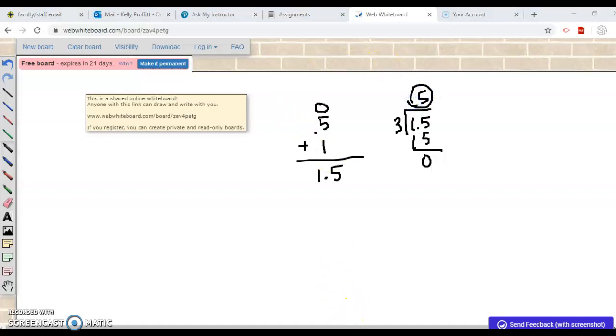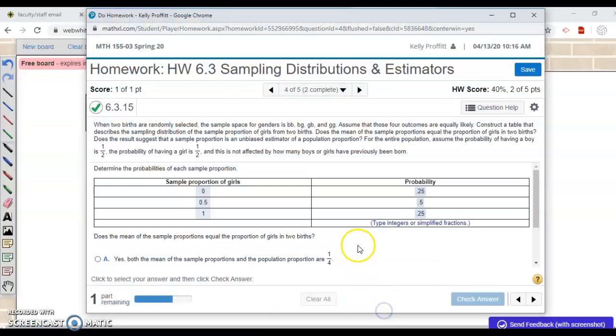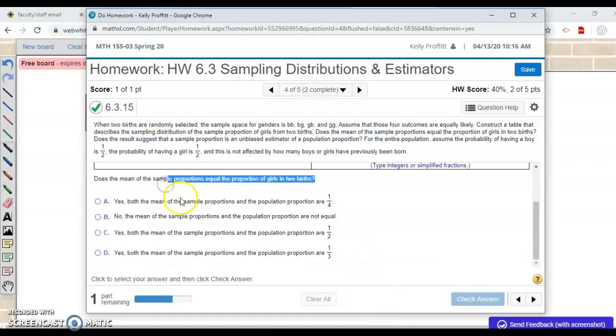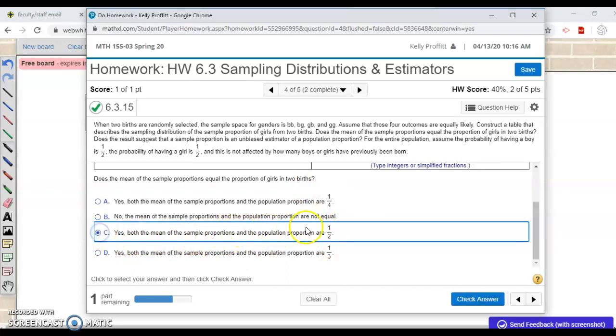Okay, so when you go to choose your answer, does the mean of the sample proportions equal the proportion of girls in 2 births? Yes, both the mean of the sample proportions and the population proportion are 1/2.